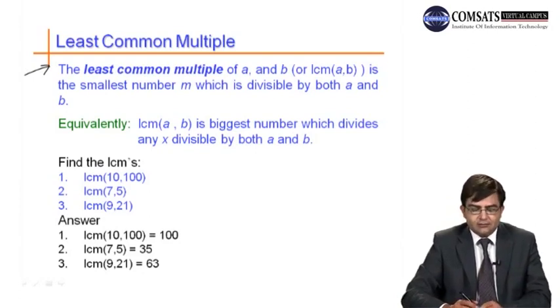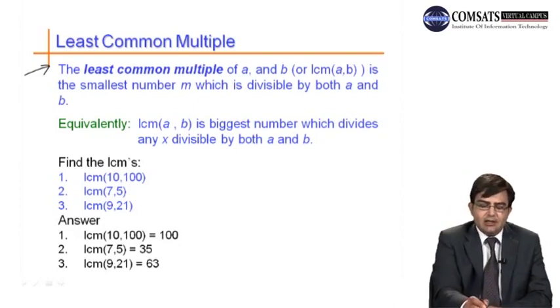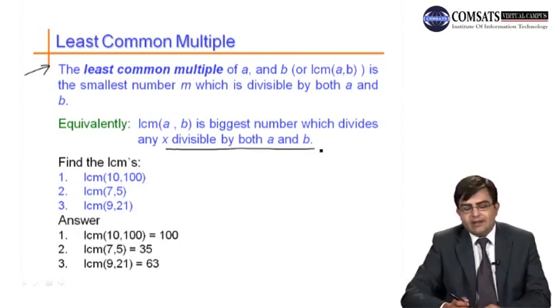Or equivalently, we can say the LCM of two numbers a and b is the biggest number which divides any x divisible by both a and b. It means if there is another number which a and b divide, then the LCM must divide that number. So these two are equivalent definitions of the least common multiple.